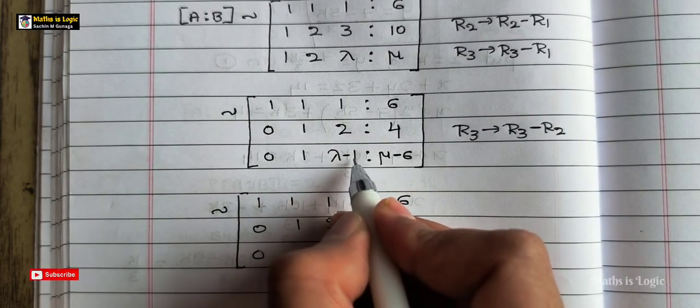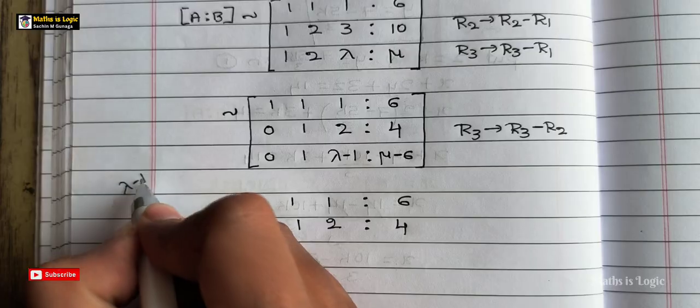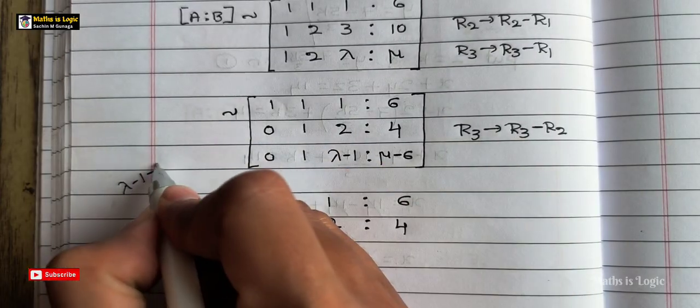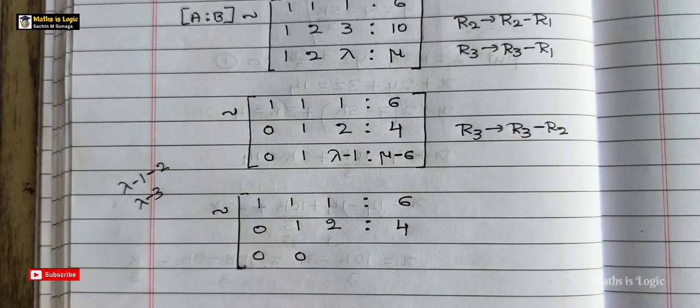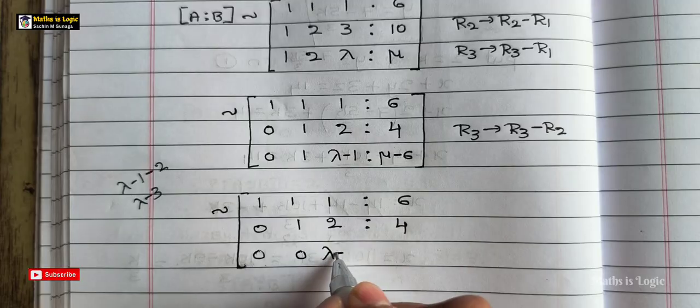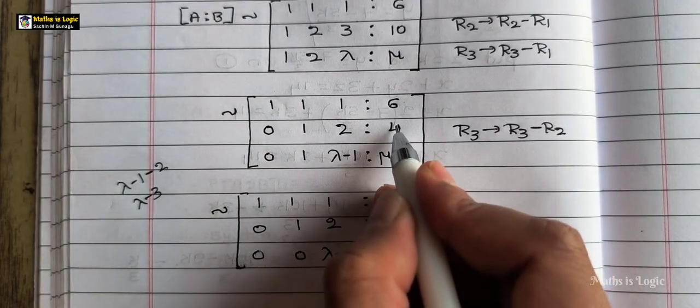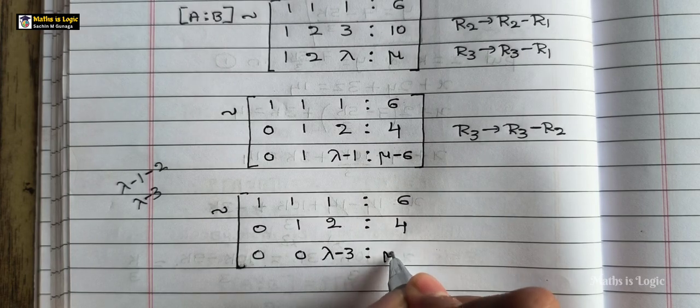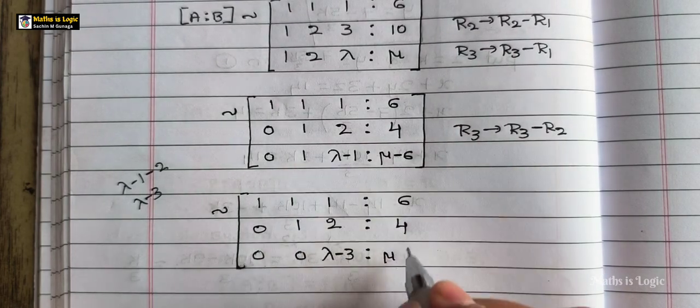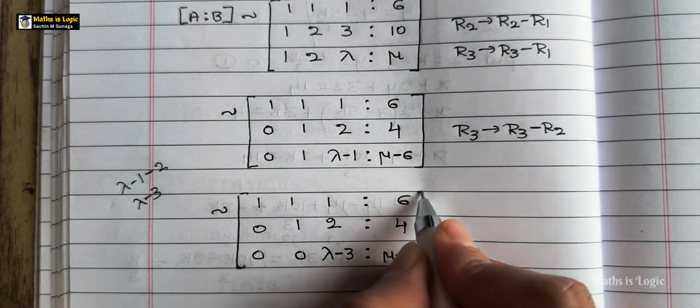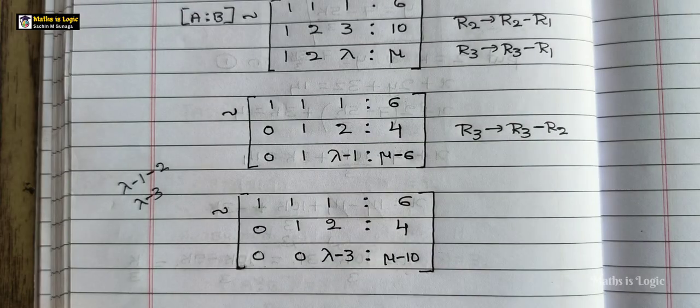Next lambda minus 1 minus 2 means lambda minus 3 we will get lambda minus 3. Similarly mu minus 6 minus 4 is mu minus 10.